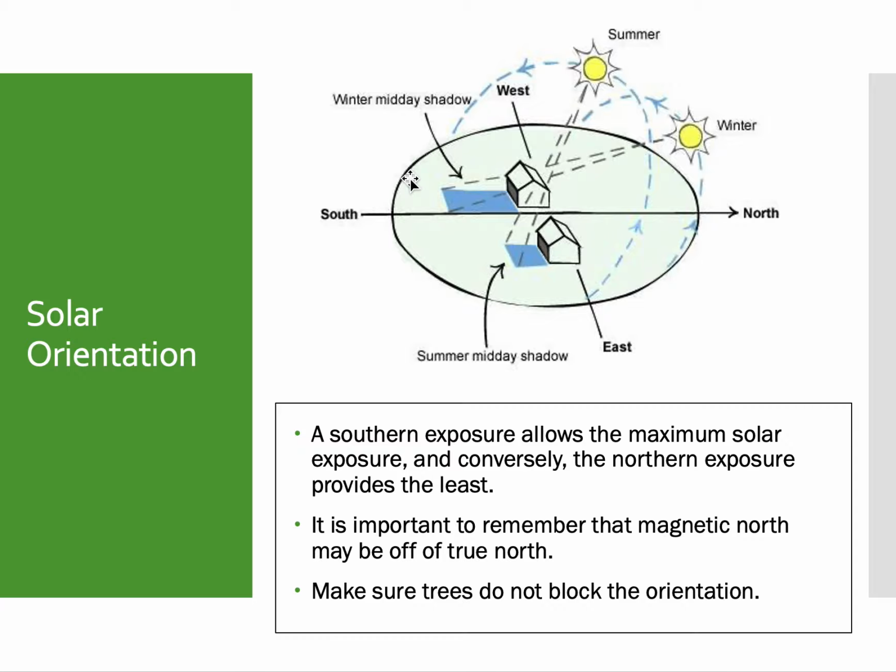Trees can block your exposure. And as we talked about, in the summer, the sun is going to rise in the east and end up higher in the sky, therefore creating shorter shadows. But also, because at that point the earth is closer to the sun, it's going to be hottest.